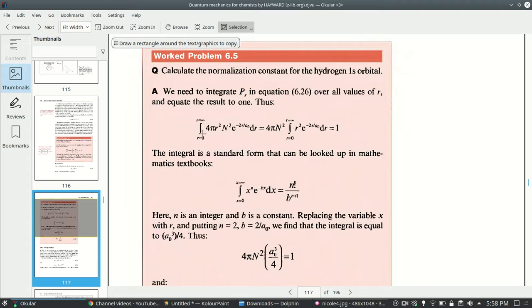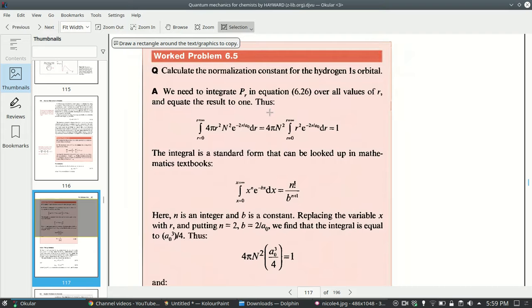So here it is. This is equation 626, the same one that we used, and you set it equal to 1. And when you set it equal to 1, you get this. And when you do the substitutions, so n is equal to, actually, is this the one that we want to use?